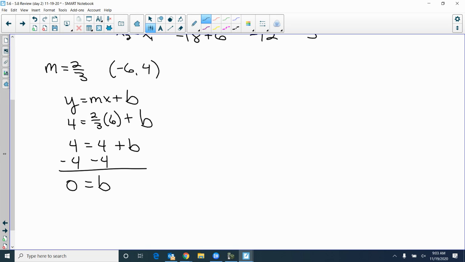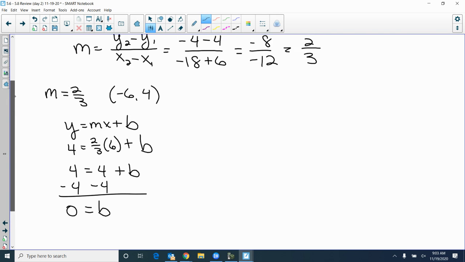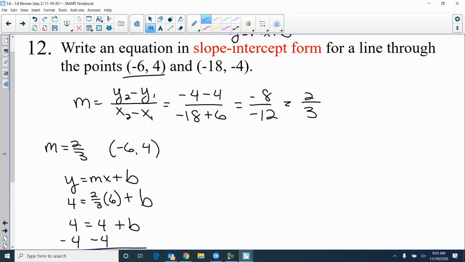Okay, Christian? So I was looking up and it says -4. How'd you get 6? Because the original problem uses -6, 4. Look at the original problem. Does it say -6, 4? That's how I got -6, 4.